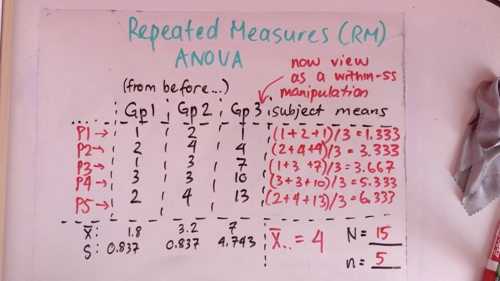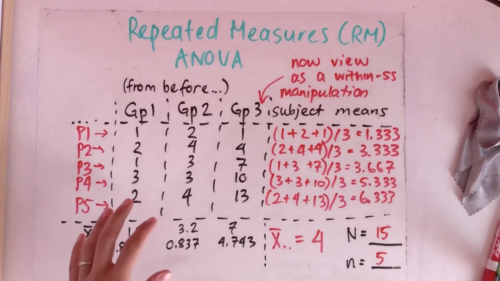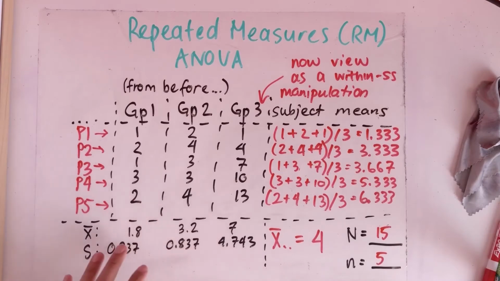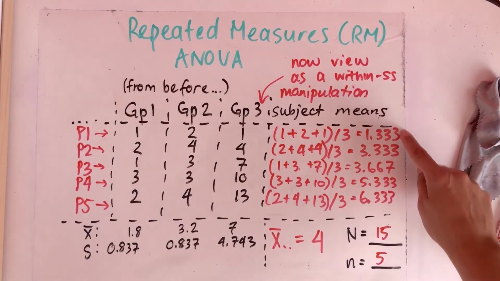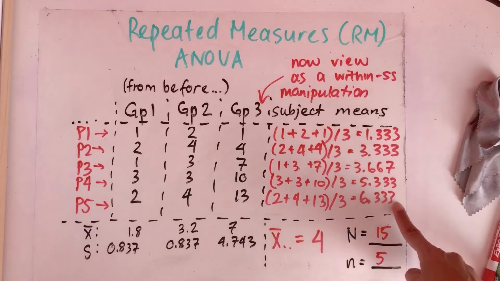Now, let's examine this somewhat busy table together. We have the group means here, 1.8, 3.2, and 7 for groups 1, 2, and 3, and then we have the subject means here for subjects 1, 2, 3, 4, and 5.